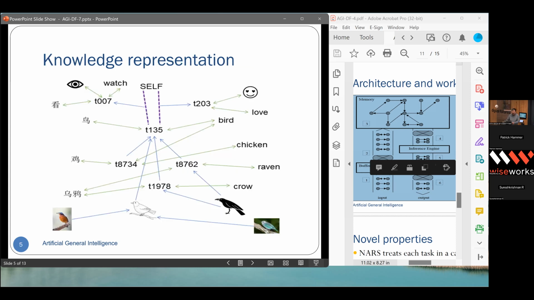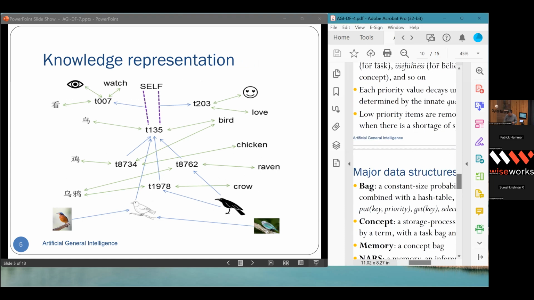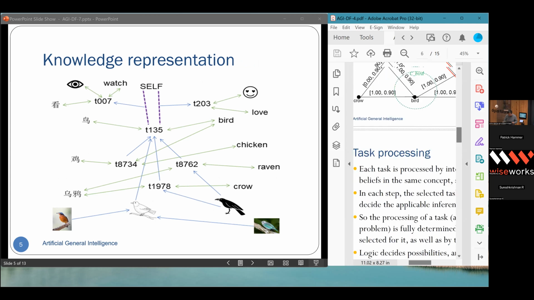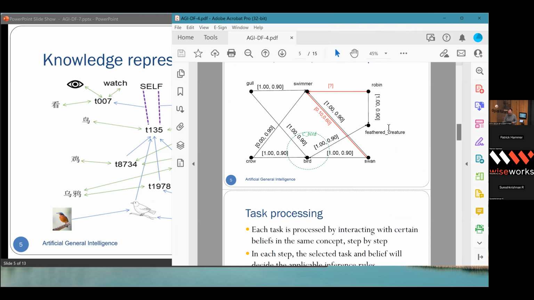Now let's see, with this new architecture, what the knowledge or the memory looks like, or how the knowledge is represented within. I also want to compare this with the previous picture I showed you several weeks ago. I hope you still remember that at that time it was relatively simple.